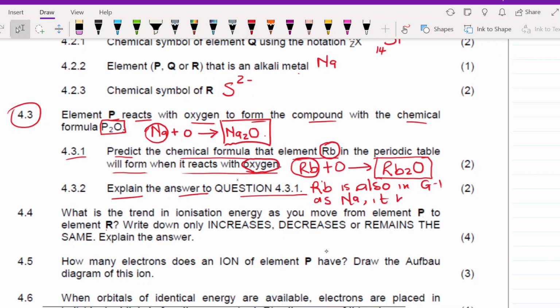It has the same valency as sodium. Yeah, you can also put it that way. You're gonna get those 2 marks.